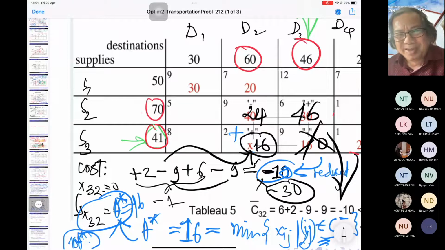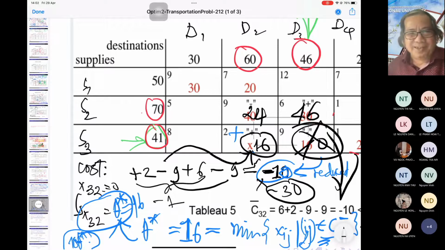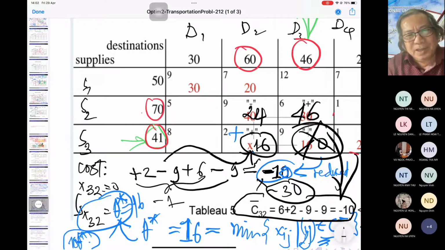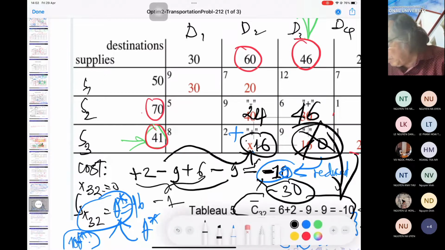Entering cell, and this one becomes 0, leaving. Okay, entering and leaving. And in this case, you know, the C bar here is minus 10, and C bar we call the reduced cost of the cell 2, 3, and we call it C bar 2, 3 here.